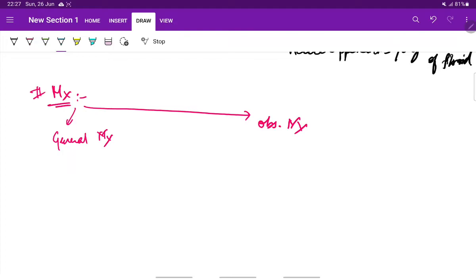In general management, 2 large bore IV lines and then the patient should be given crystalloids like NS or RL infusion, and then the blood should be taken for blood grouping and RH typing. So, next, ultrasound should be taken, urine output should be monitored. All these are general management which are almost same as that of placenta previa.